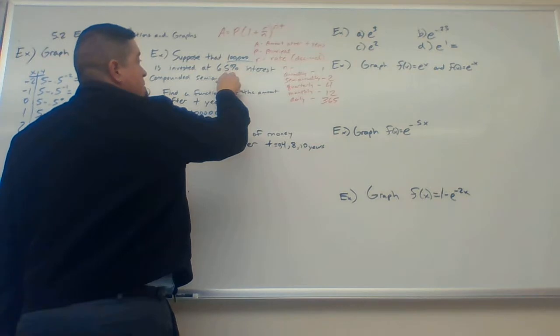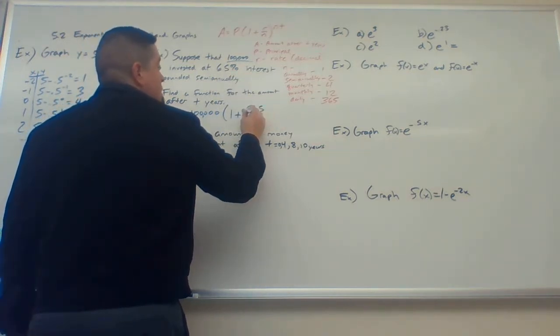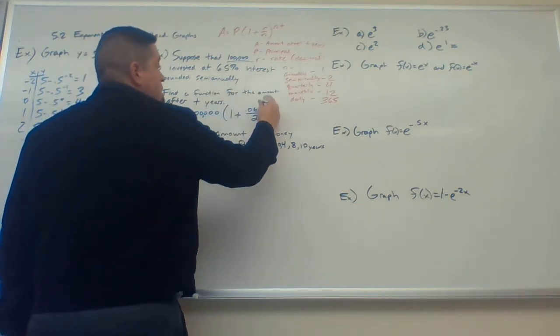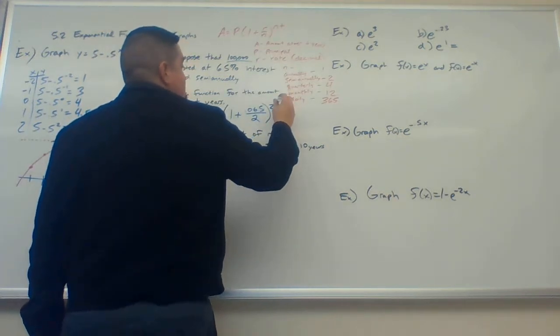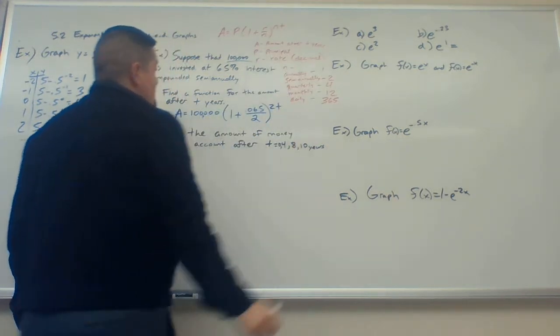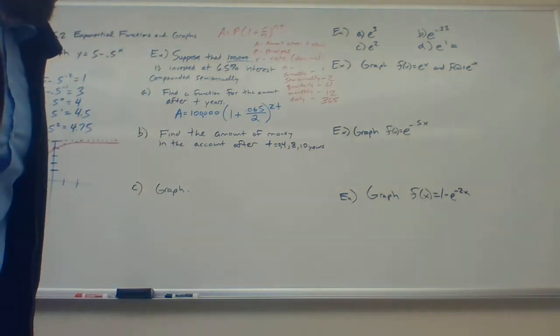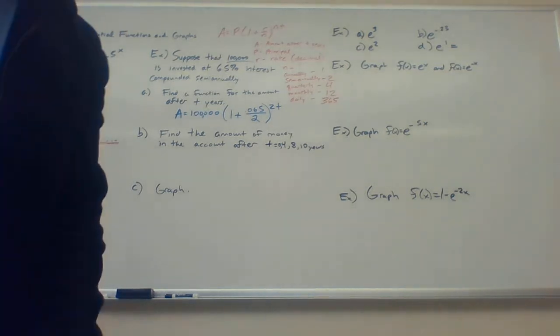What's the rate? 6.5%, but as a decimal, 0.065 over N, semi-annually, that's 2. So the power of 2, and that's N times T. T would be the unknown after t years. So we've created an equation of this after t years.